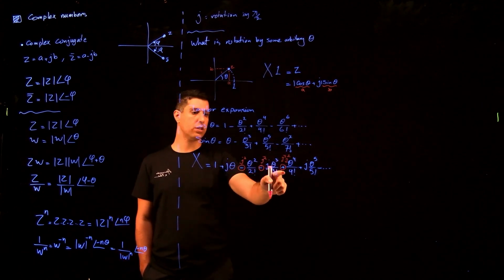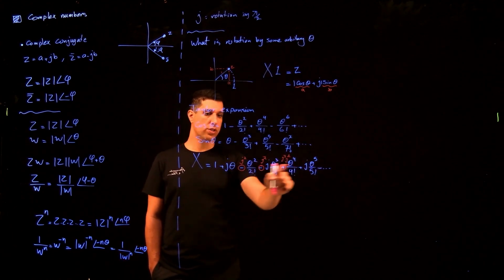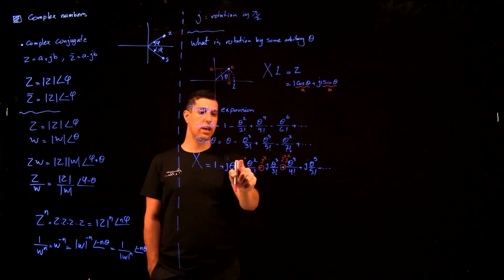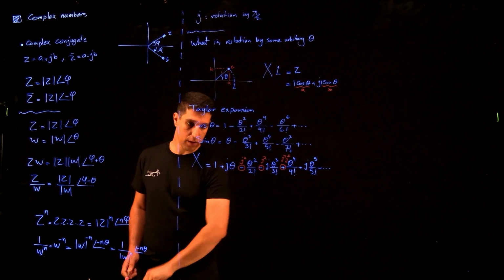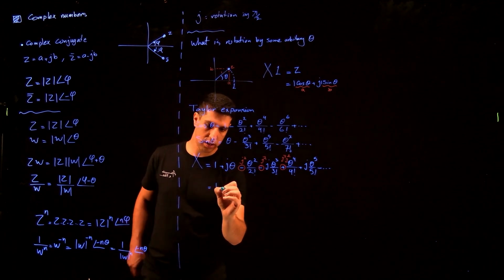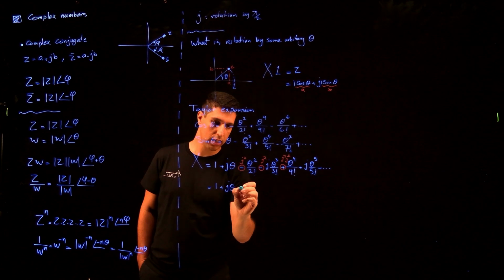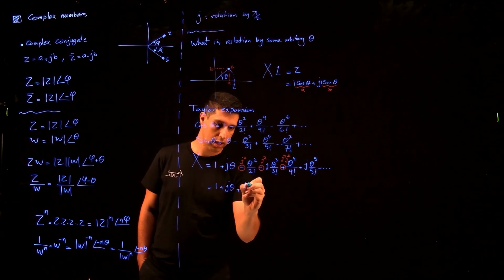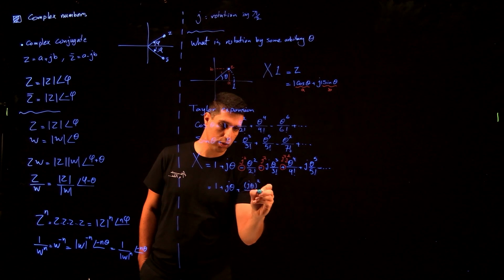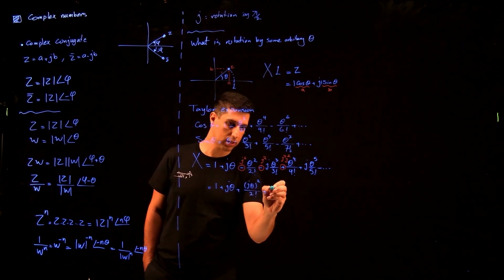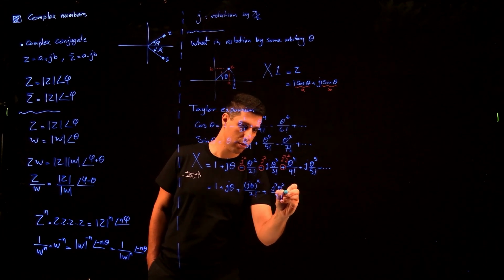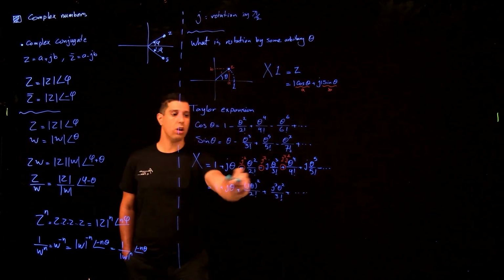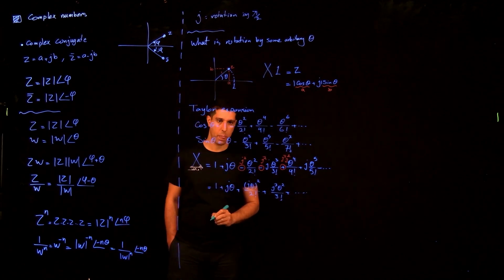Minus 1 times minus 1 gives me plus 1. So you see I can always create a j with the same power of theta and get the sign to work out. So essentially what I can write is 1 plus j theta plus j theta squared over 2 factorial plus j cubed theta cubed over 3 factorial plus dot dot dot. All of them turn into pluses.